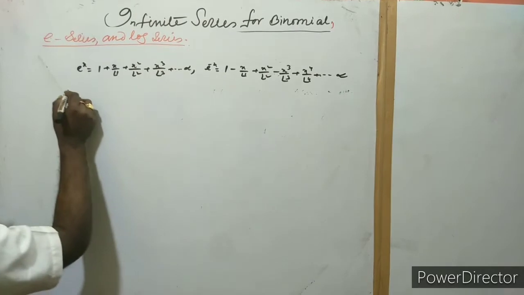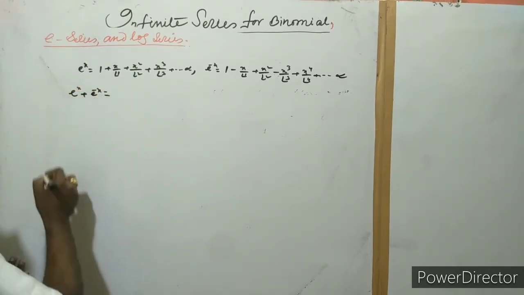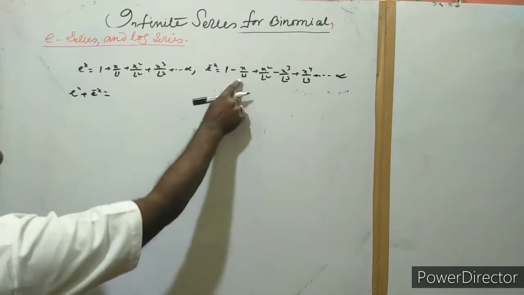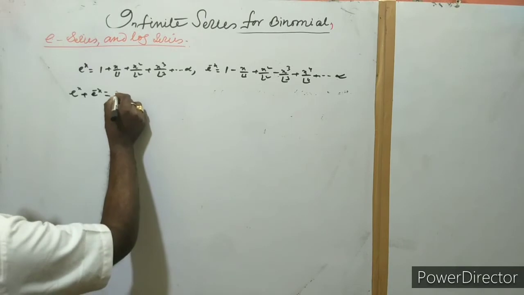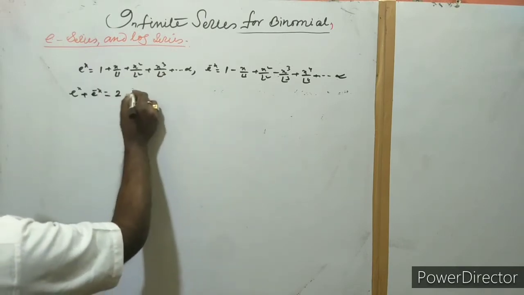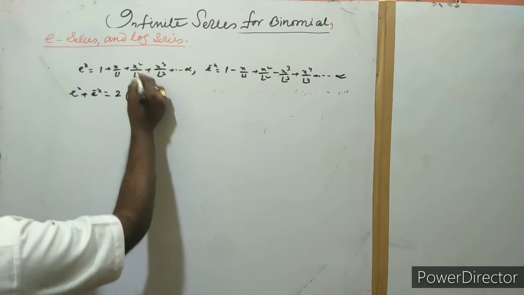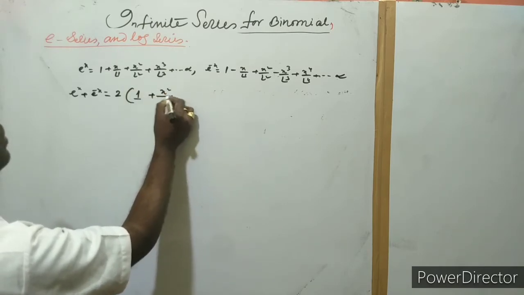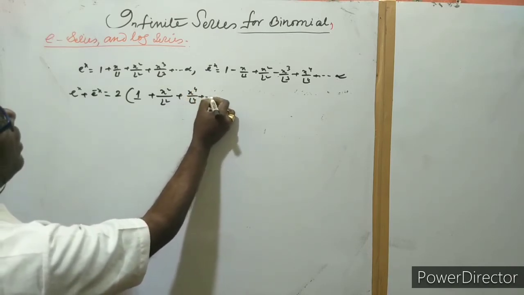If these two series are added, e to the power x and e to the power minus x, the second part and fourth part are cancelled, then 1 plus 1 is 2, 2 is common here, so you get 1, and we have x square by factorial 2, and x to the power 4 by factorial 4, okay, like that.